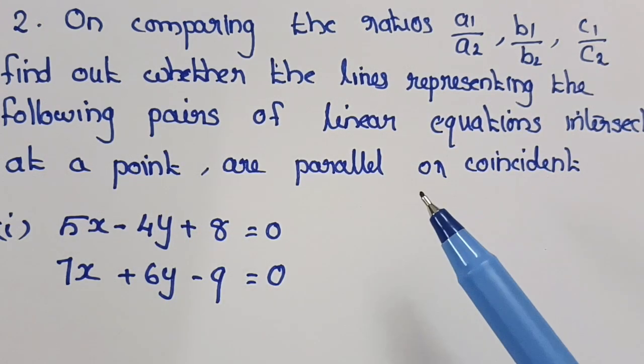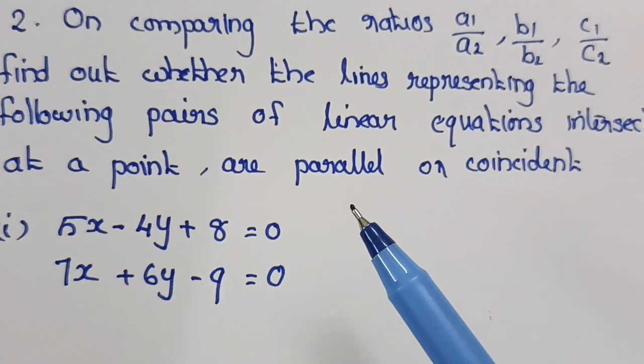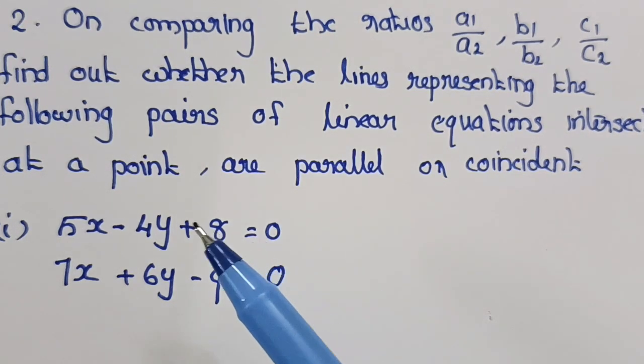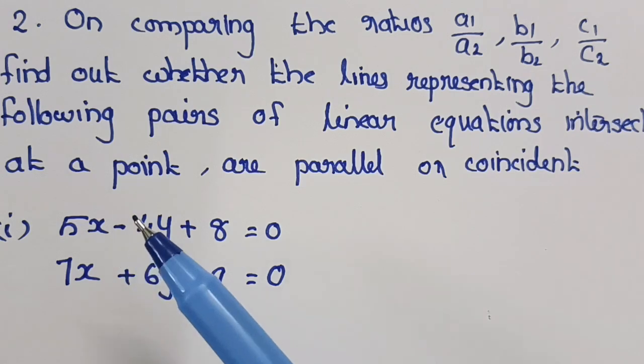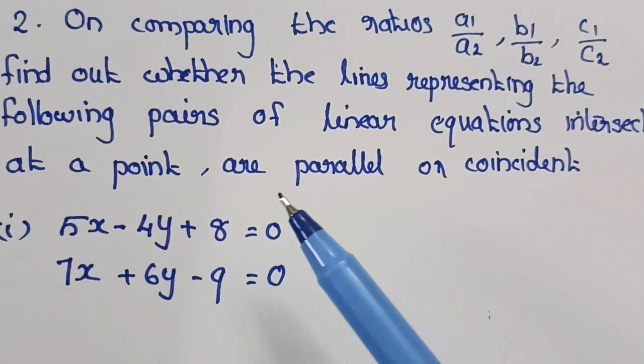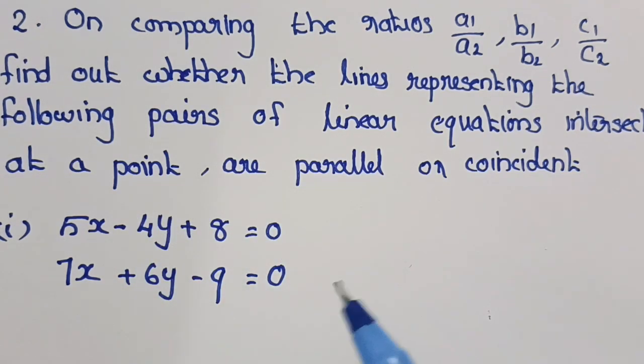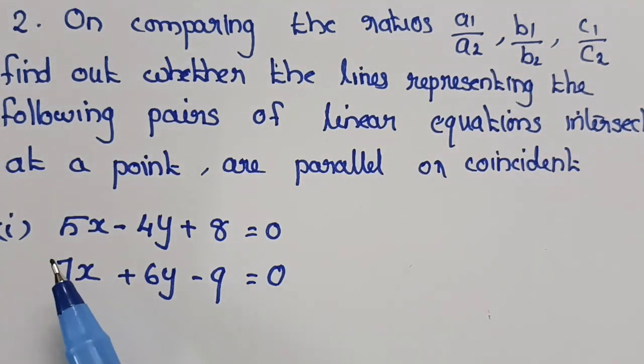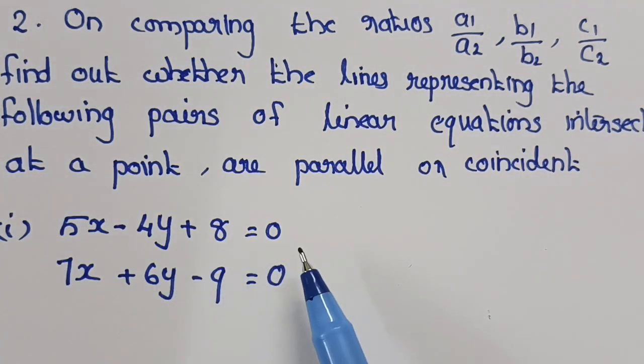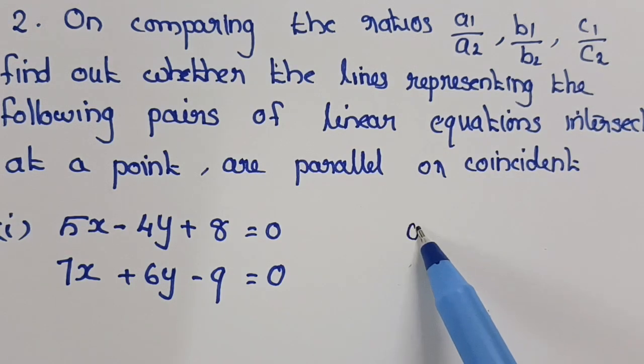That is, we have to check whether the given lines are parallel, coincident or intersect at a point. For that, first we have to find a1 by a2 and b1 by b2 respectively. Here the first question is 5x minus 4y plus 8 equal to 0, 7x plus 6y minus 9 equal to 0.